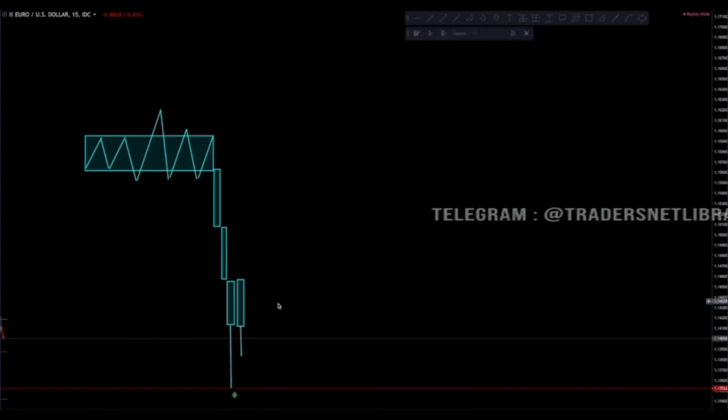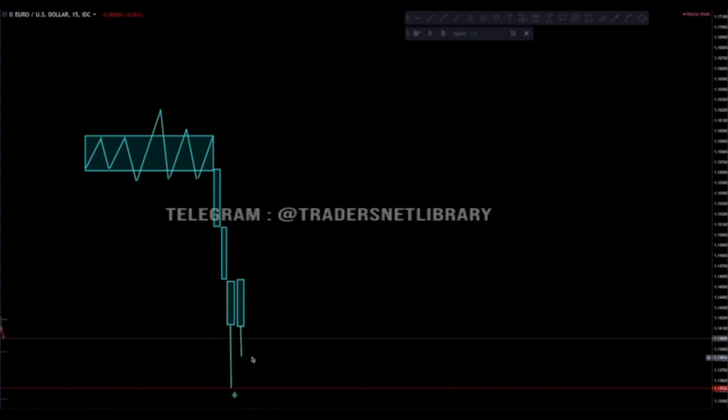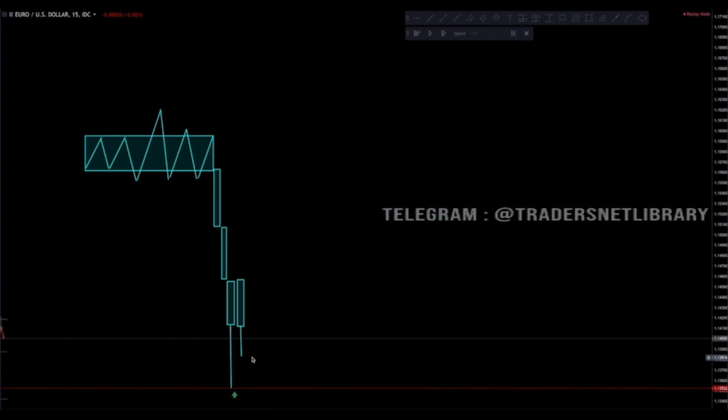If you see something like this, first of all, this wick is going to be filled. Wick filling is something that's very important to your trading because it can show you momentum and liquidity drops or pushes.